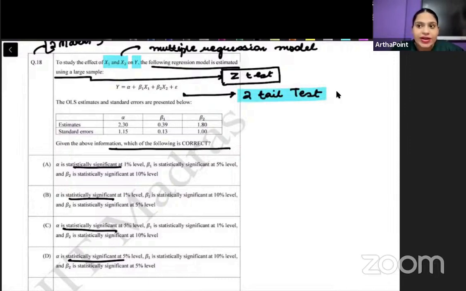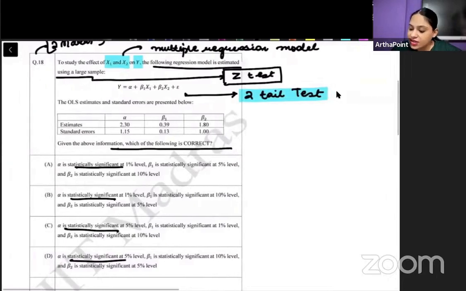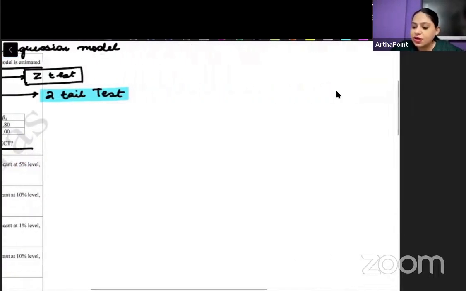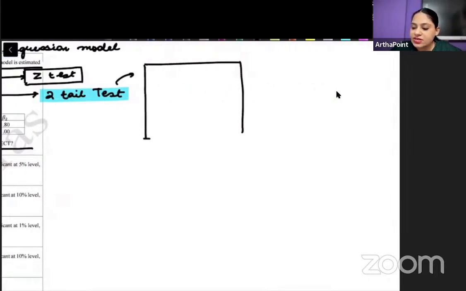Since it is a two-tailed test, we also know the values of Z for a two-tailed test. Here, it says at 1%, 10%, 5%. As I told you, you need to remember all three values of the Z table for both one-tail and two-tail test.